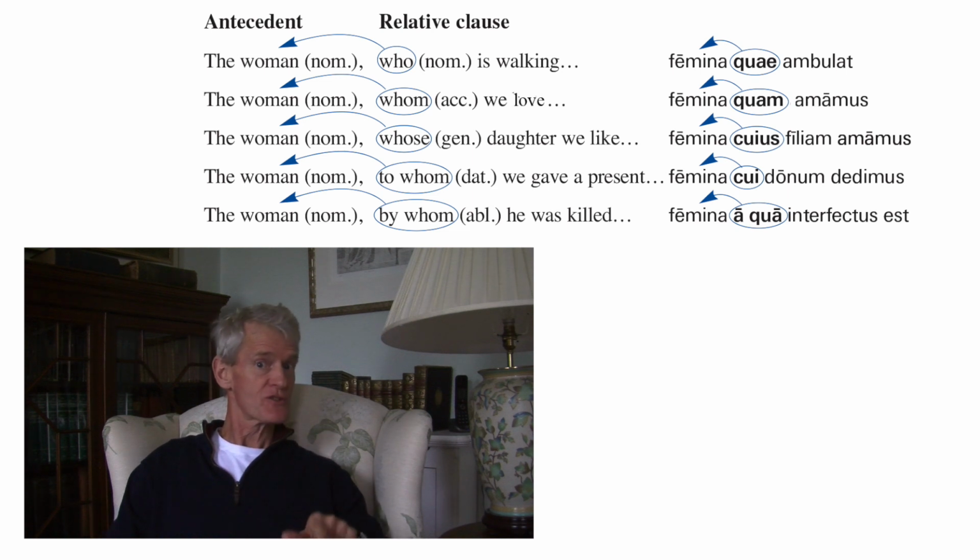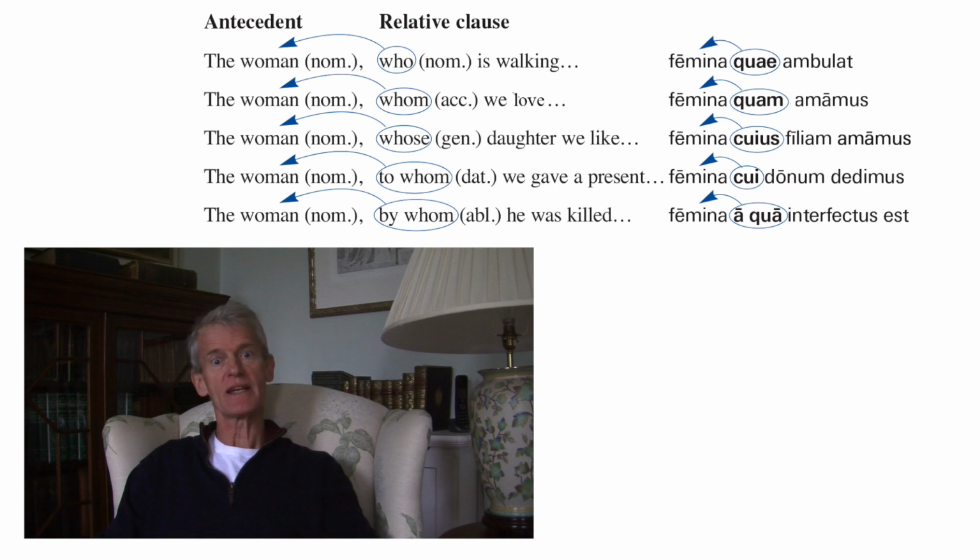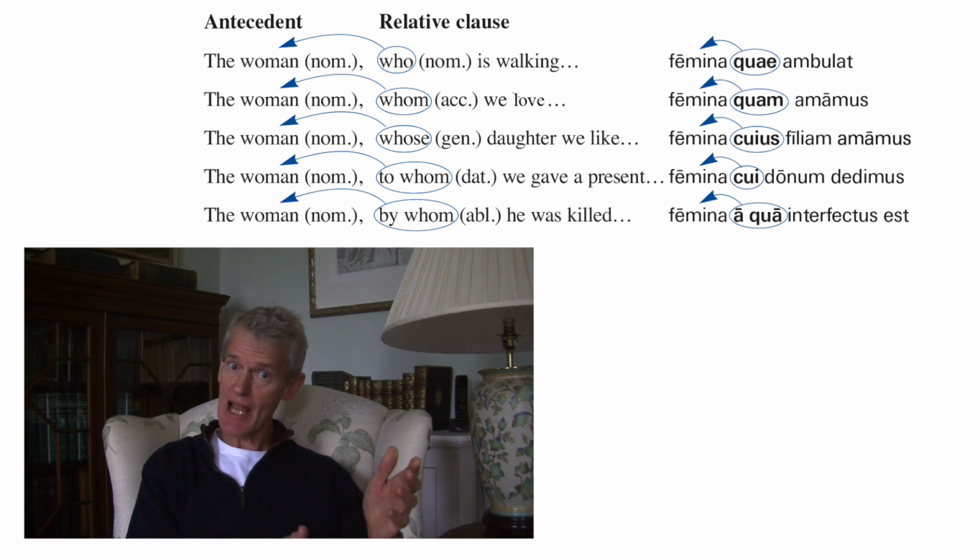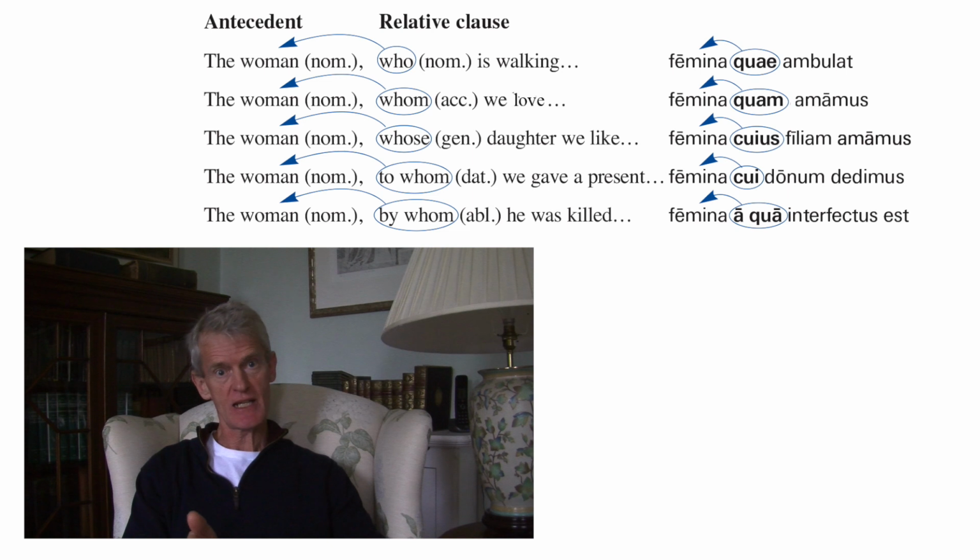Now, in that little relative clause, who is walking, she is walking, the relative pronoun is the subject of the verb is walking. You could take out who and put in she, and that'll prove what I mean. Who is walking? She is walking.